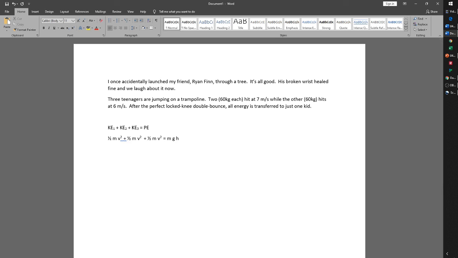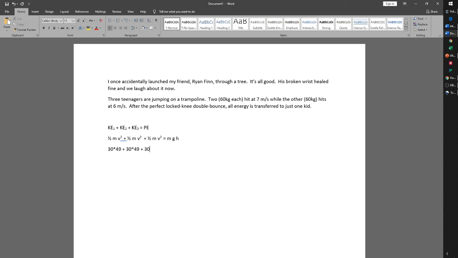At this point I can plug in some values. Let's see, 1/2 of 60, that's going to be 30. And then the velocities are 7 squared, which is 49. And there's 2 of those kids. And then the third kid is not going quite as fast because he's getting ready for the double bounce.